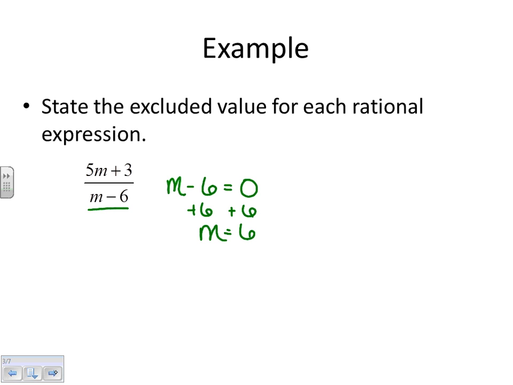If I plug in m equals 6, I say 6 minus 6, and I get a 0 in the denominator. Remember, we don't want that. So this is true for every value of m except when m equals 6. The excluded value for this rational expression is 6.